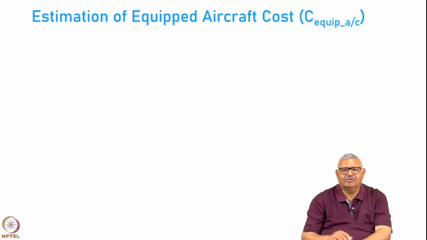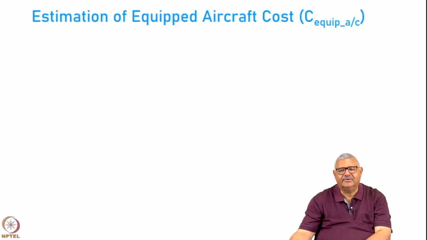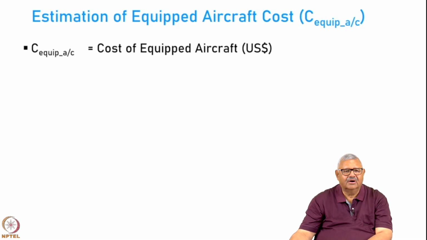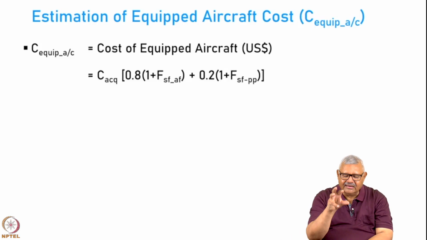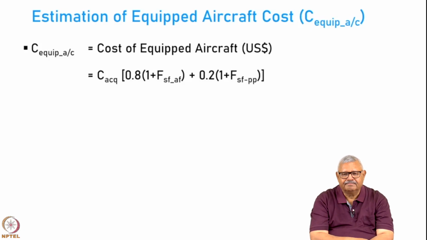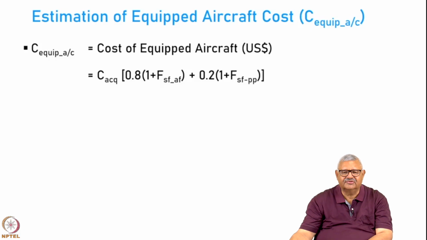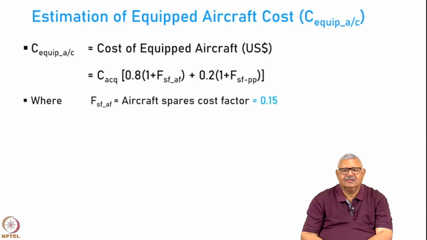Alright. Now, we look at the cost of the equipped aircraft, that means aircraft with certain minimum support items which are needed for it to operate. So, C equipped AC is the cost of the equipped aircraft in US dollars. Here we assume that 80% of the acquisition cost is towards the airframe and 20% is towards the power plant, where you have the spares factor.